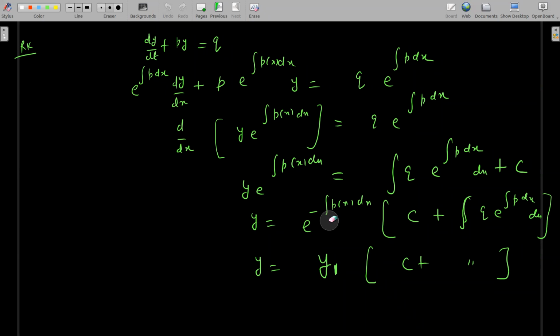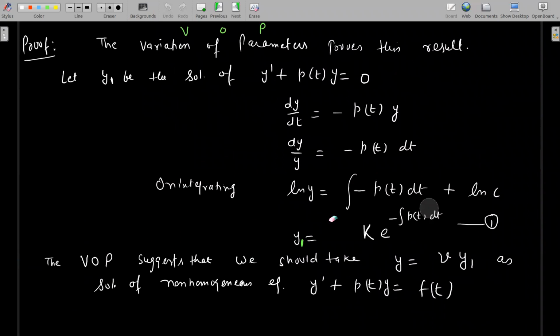And what we do in variation of parameter, or in differential equations everywhere: firstly, if you have a linear problem, you first solve the homogeneous one, take the right hand side equal to zero. Remove the right hand side, take 0, solve this equation, find one solution, and then assume the solution of the non-homogeneous equation to be y1 multiplied by some unknown function. In second order you would have studied that we wrote c1 y1 plus c2 y2.